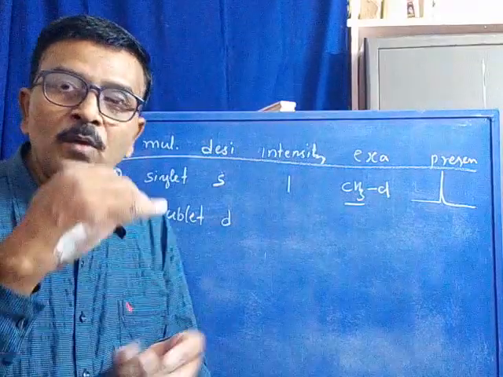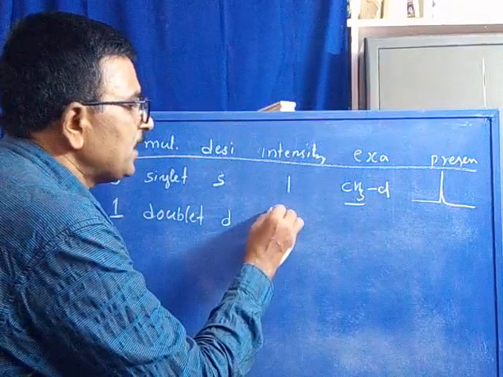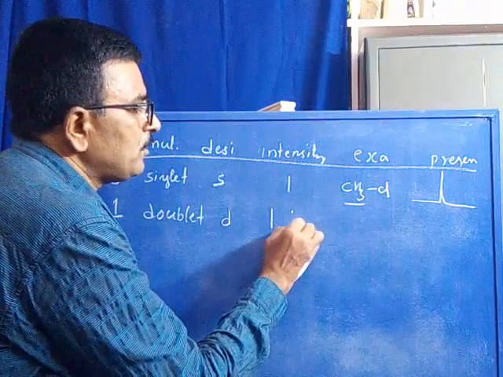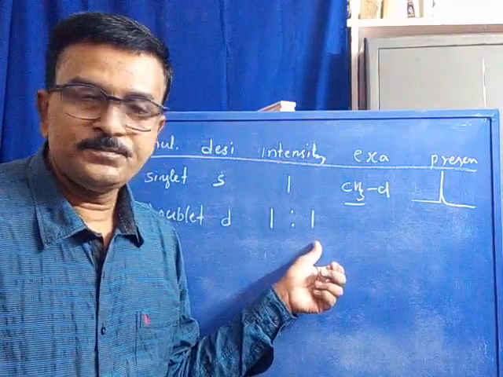Now there are two lines in the doublet. The intensities will be equal, that is, the intensity of the first line is equal to the intensity of the second line. The intensity will be 1:1.